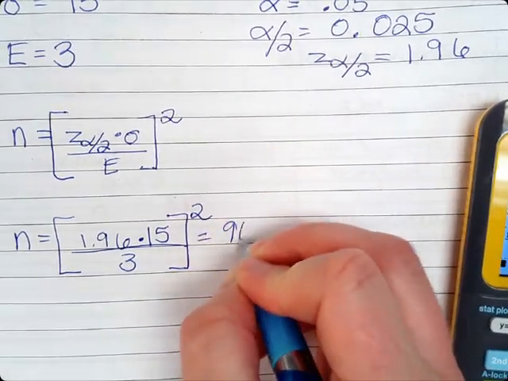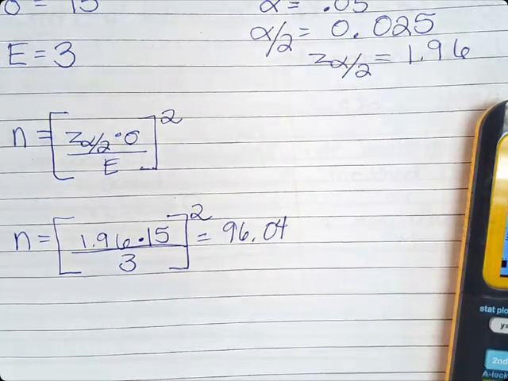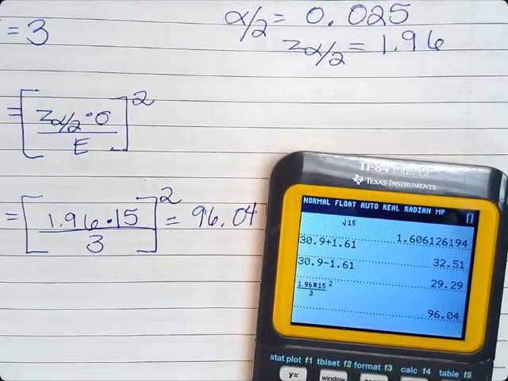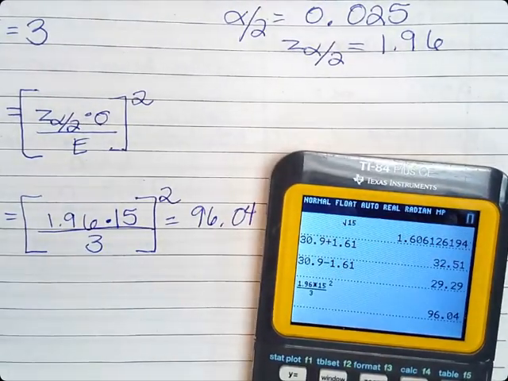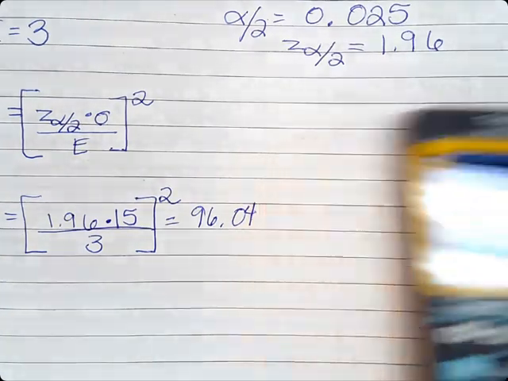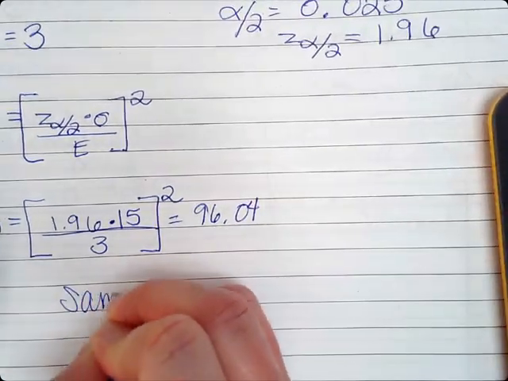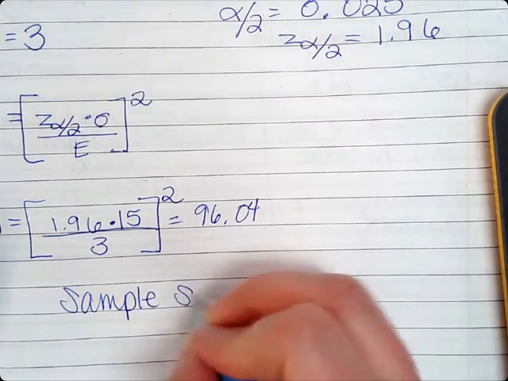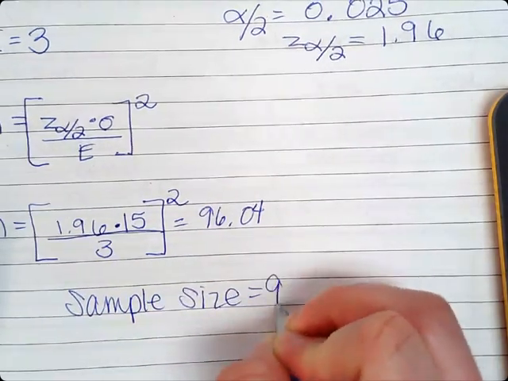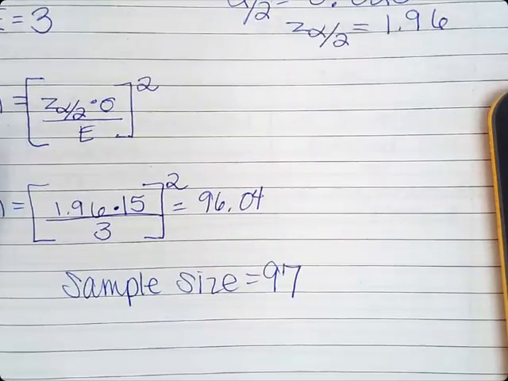That equals 96.04 whenever you plug it in. So remember, we're finding the sample size required to be within 3 IQ points of the population mean. So what is our sample size going to actually be? Because we round up, 97.